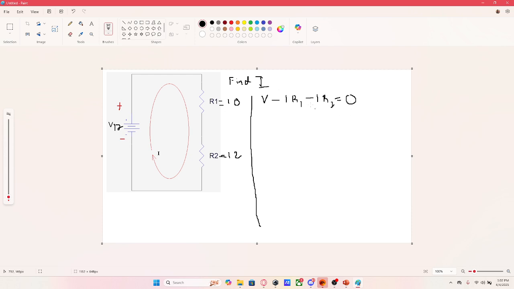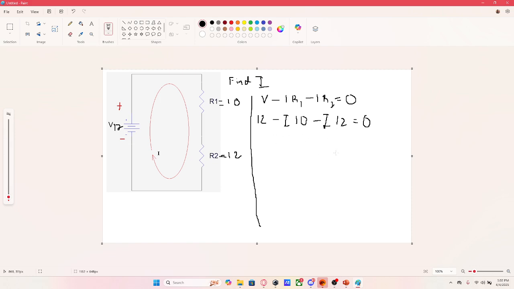In KVL, it will always equal 0. So with that, the voltage is 12 volts, minus I, which we still don't know, multiplied by 10, minus I multiplied by 12, equals 0.